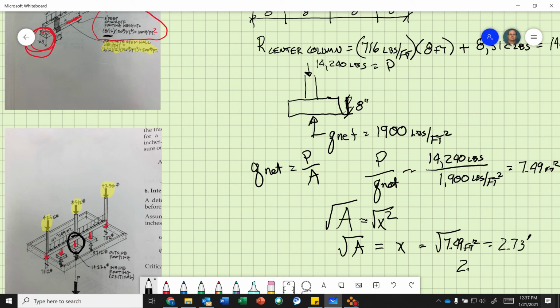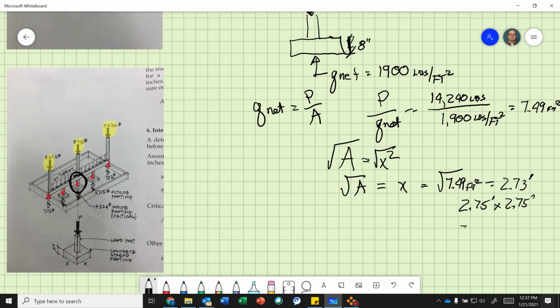So 2.75 feet by 2.75 feet. Okay, and that equals, I'm going to say 2 foot 9 inches by 2 foot 9 inches. So you always want to round larger, because you cannot exceed the net bearing pressure of 1900. By making the area bigger, P divided by area, my Q will be less than that number if you put the math in there.